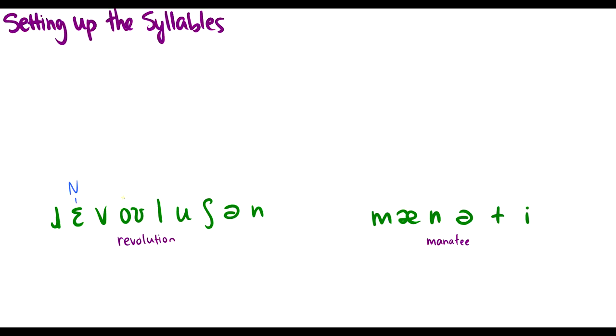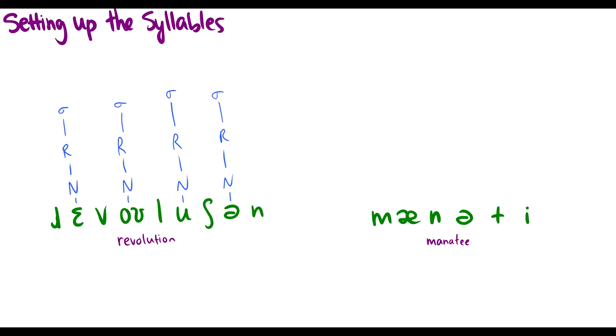So for instance, in revolution, the e, the o, the u, and the u, put nucleuses above them. And straight up, go to the rhyme. So we build them up to the rhyme. And then we're going to build them up to their own syllables as well. So we're going to build them all the way up from the nucleus.